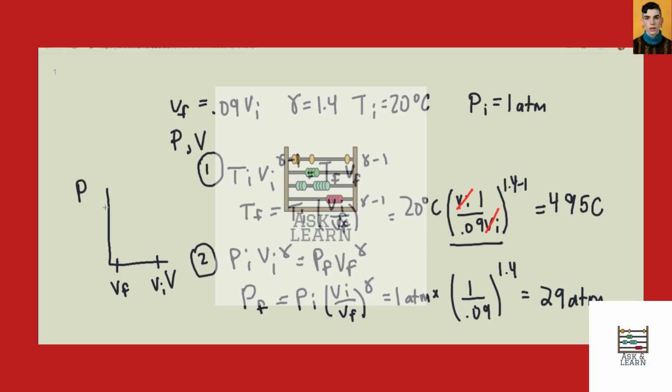And then we can have this be 29, and then this can be 1. I'm not sure what unit these volumes are in, but I guess it doesn't matter. But I'll put the units for pressure since we know it, which is atmospheres. And so we end up at this V final, which is very small, but a pressure which is high.